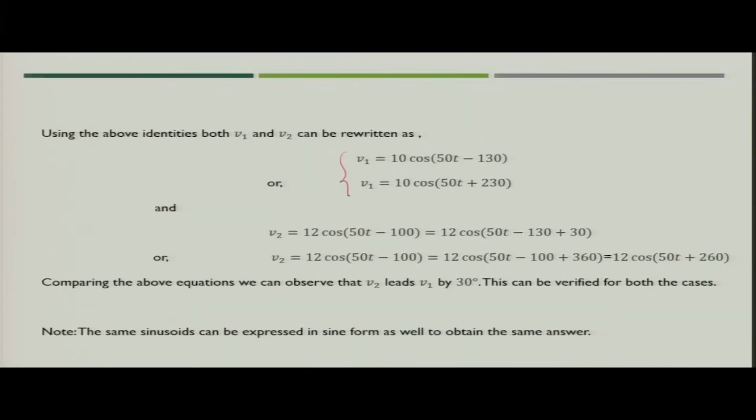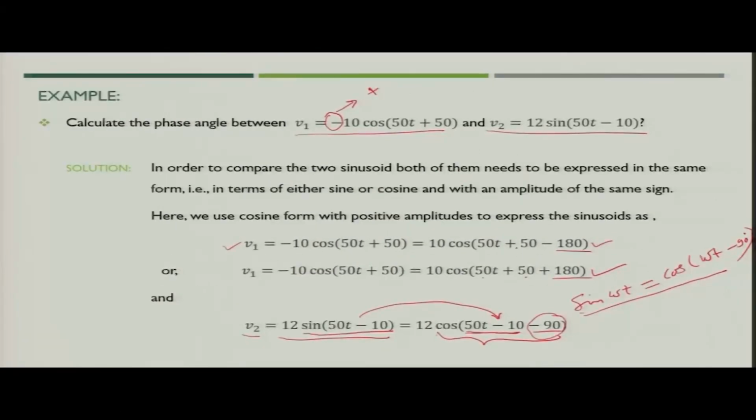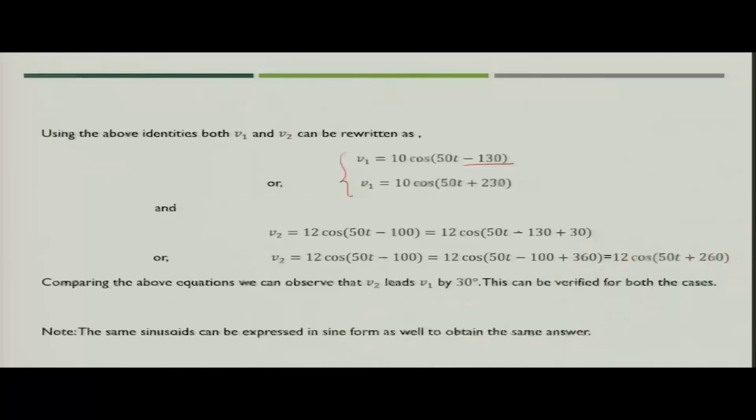So, V1 what we got is 10 cos(50t minus 130), because the value was plus 50 minus 180. So, it will finally become minus 130, and here it will become plus 230. So, these are the two signals which we have computed.